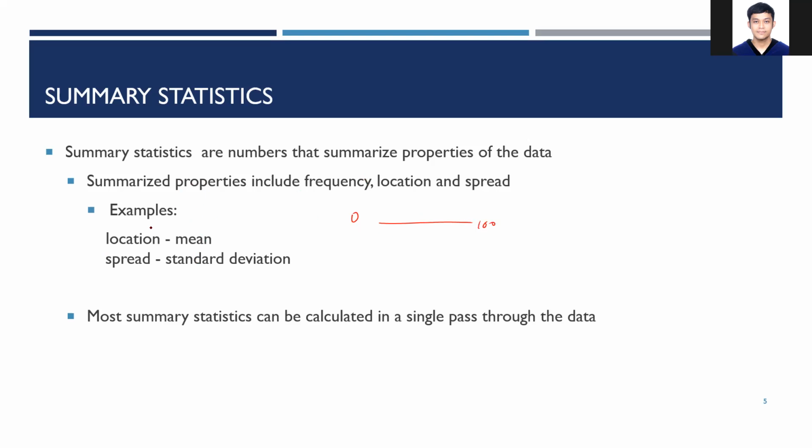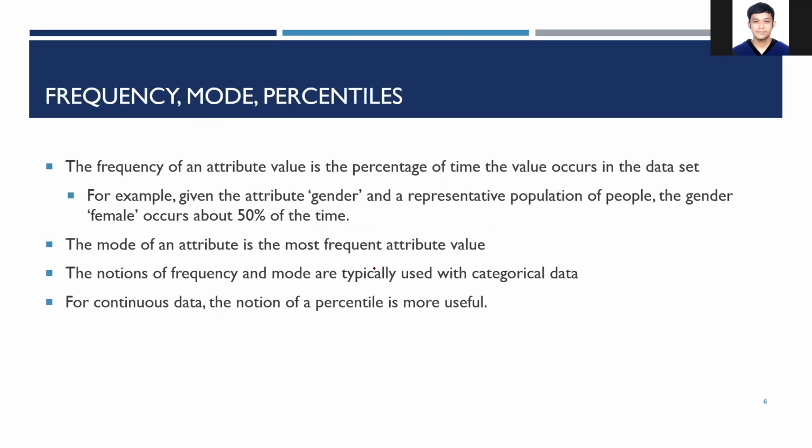But from summary statistics we can get more detailed information. For example, from location we can get information that the data is between 0 and 100, or maybe around this area. And then the spread, which is how big the range of the data is. To get that information, usually we can analyze the frequency, mode, and percentiles.